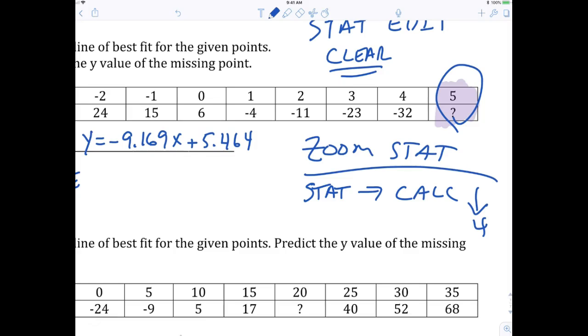I got negative 3.705. Hold on, y equals. Oh, I forgot the X. I got negative 40.38.